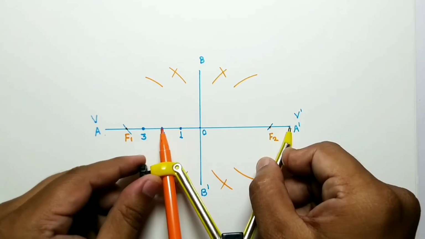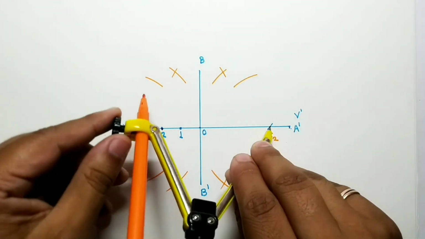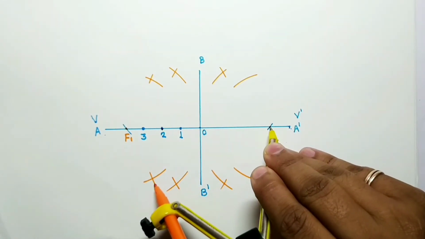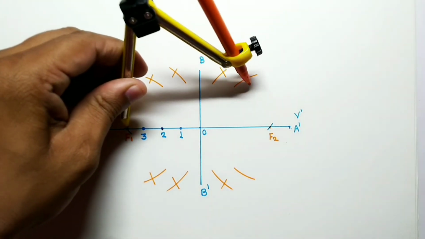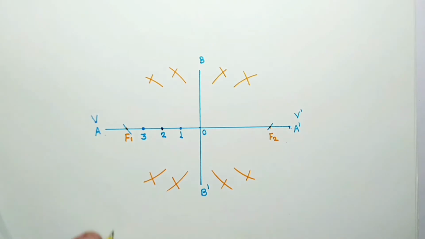Take the distance A dash to 2, F2 as a center, one intersecting arc upside, one intersecting on the downside. F1 as a center, one intersecting arc upside, one intersecting arc on the downside.